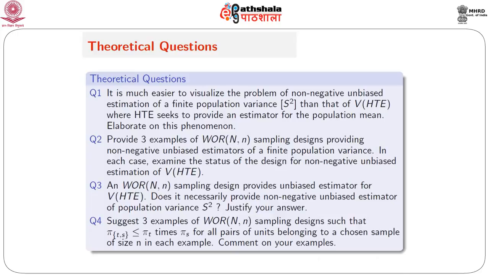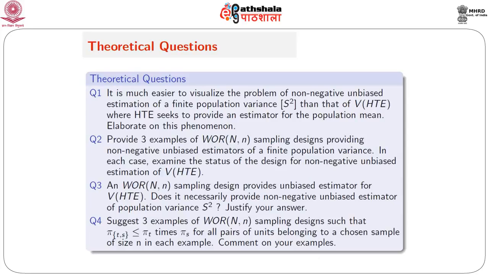For the other, it is desirable that pi i pi j greater than or equal to pi ij, that condition is also imposed. That condition is also satisfied by our choice of the sampling design. So, one can write a technical essay on this aspect of the two variance estimation problems.